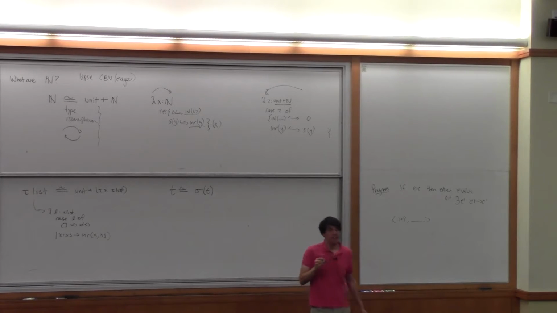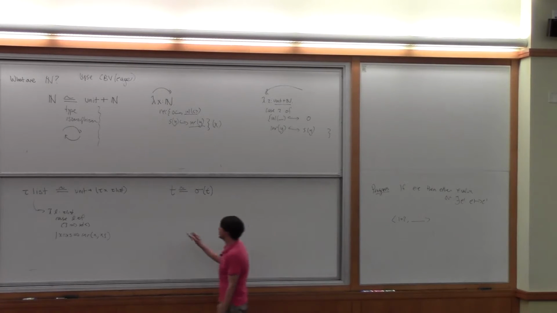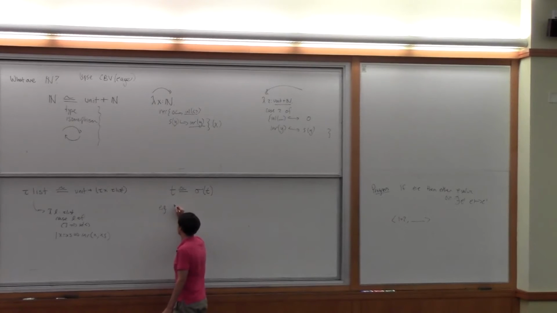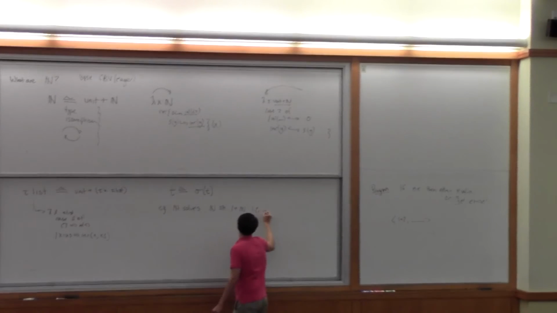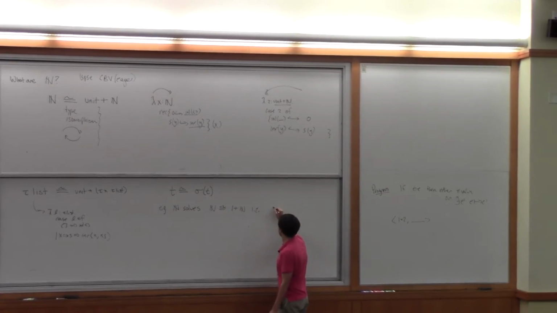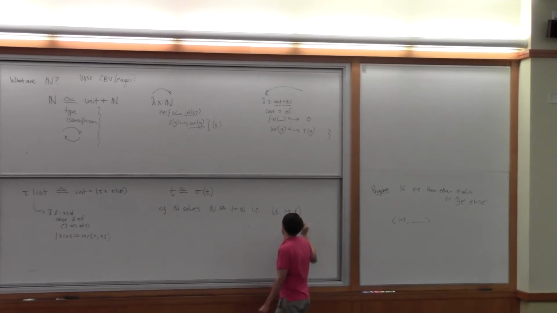Okay? Nat solves the equation, if we were to write that out as a type with t free, it would be t is unit plus t.